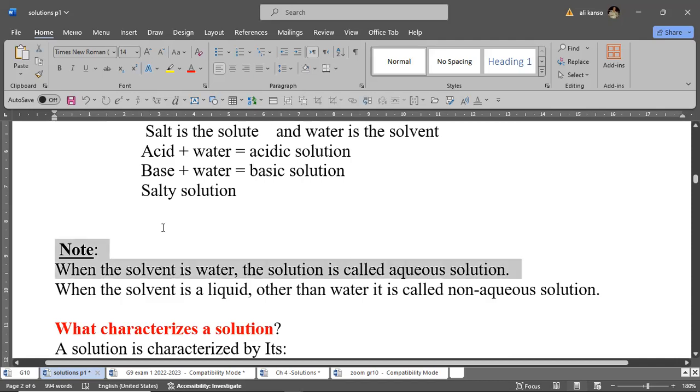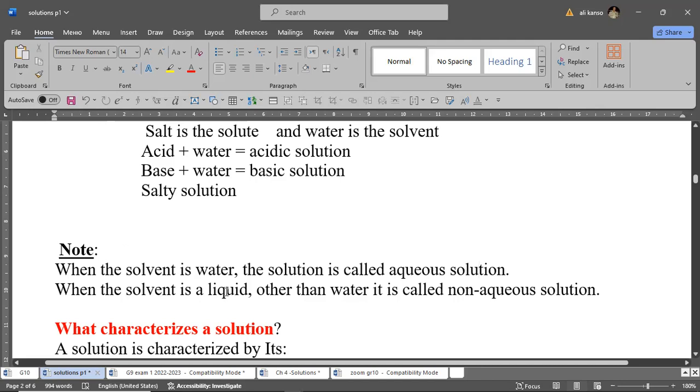We have many solutions and many solvents. We can dissolve iodine in kerosene. We can dissolve some solid substances, some sugar in oil. But when we dissolve substances in water, we obtain an aqueous solution.